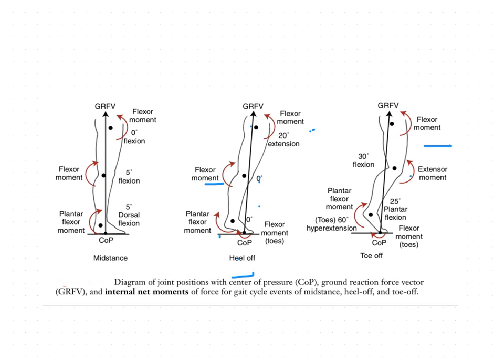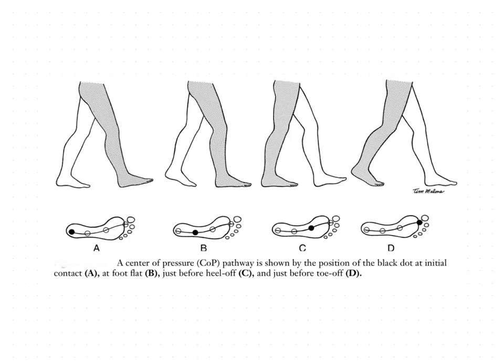And if you can see the center of pressure at the foot, the COP is going to change in different positions of the gait. You can find a pathway, which is highlighted in the black dots. So at the initial contact, the COP is present at the heel, and at the flat foot it has come anterior to the heel.